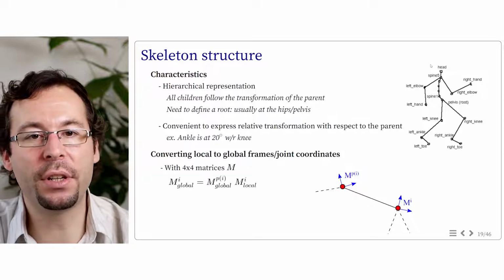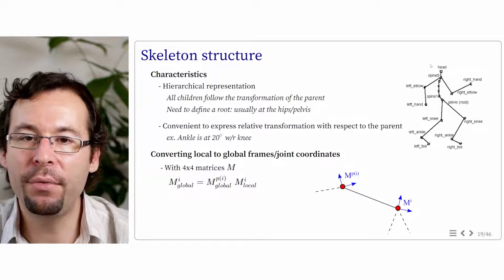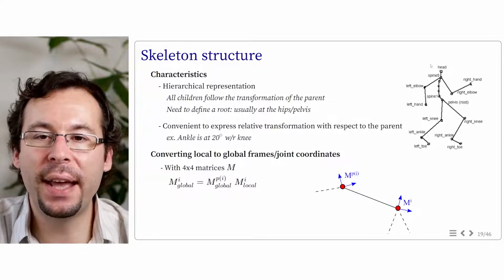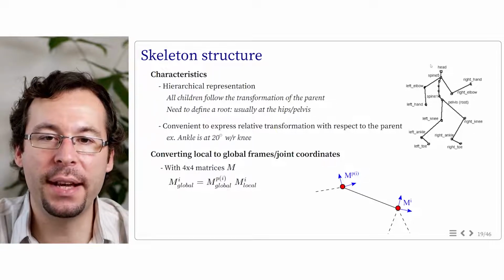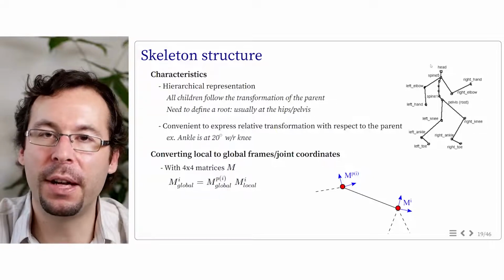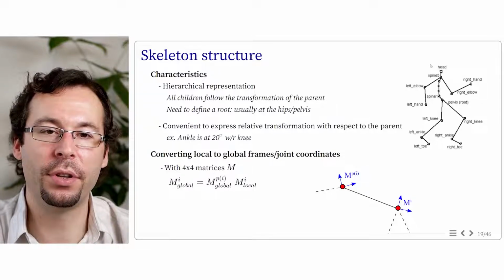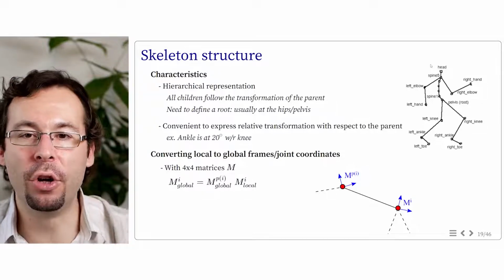If we have our rigid transform expressed in the 4x4 matrix form, then we can say that the matrix A of the current joint in global coordinate is the matrix of the parent expressed in the global coordinate times the current matrix of the current joint expressed in local coordinate.